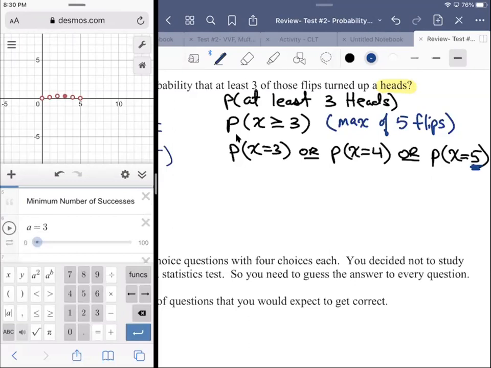Minimum number of successes, well, that would be 3, right? Because I can't go any lower if I'm going to have at least three successes. So this would be my minimum, and this would be my maximum.